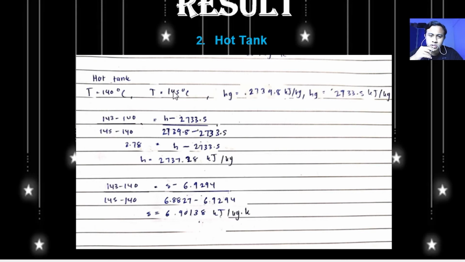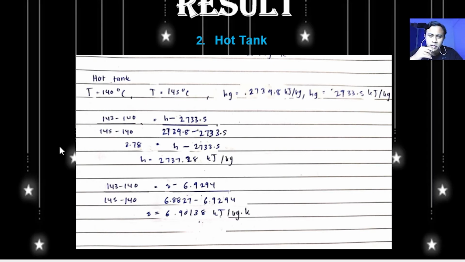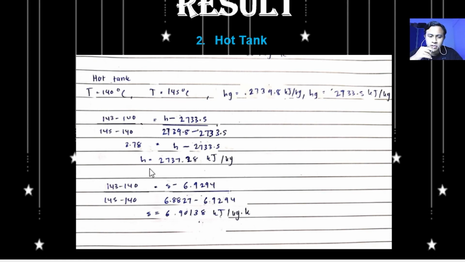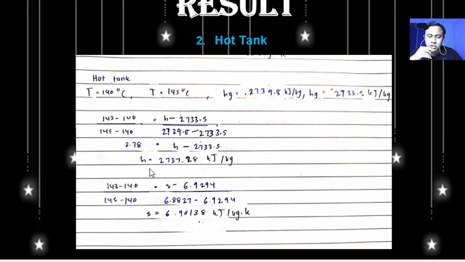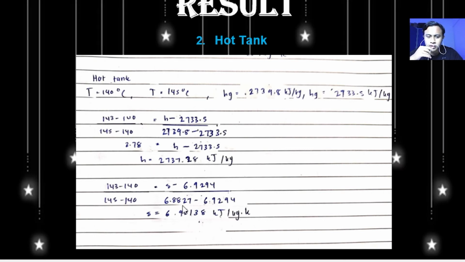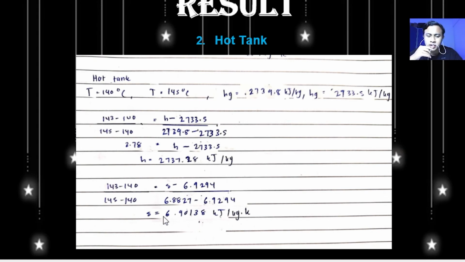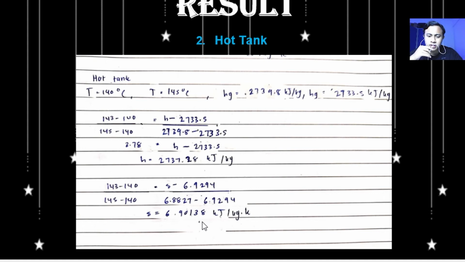It is between 140 degrees Celsius and 145 degrees Celsius. So we do the interpolation and we get the enthalpy for 143 degrees Celsius as 2737.28 kilojoule per kilogram and the entropy as 6.90138 kilojoule per kilogram times K.